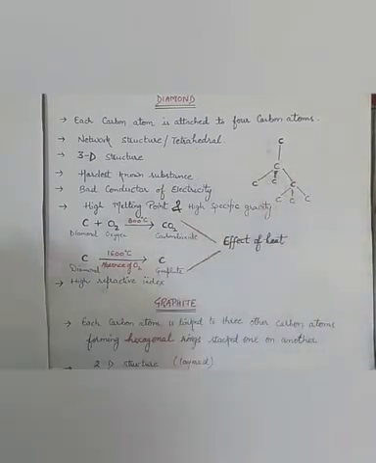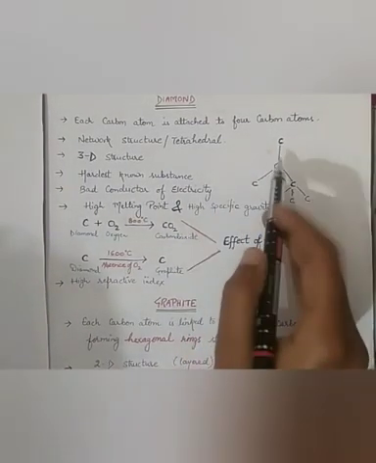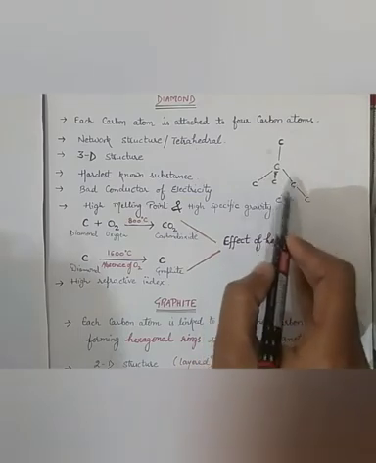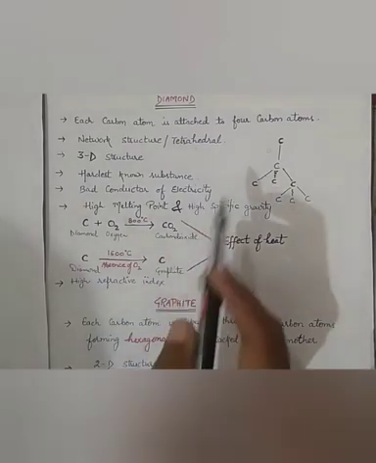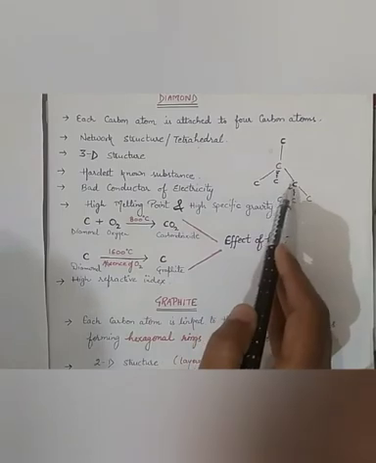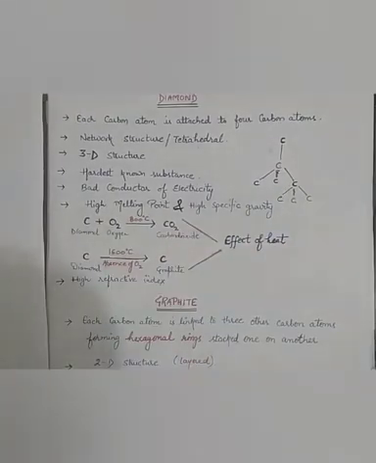So there are no free electrons present in the crystal. And we know that electrons are responsible for conduction. If there are no free electrons, it can't conduct electricity. That's why diamond is a bad conductor of electricity.